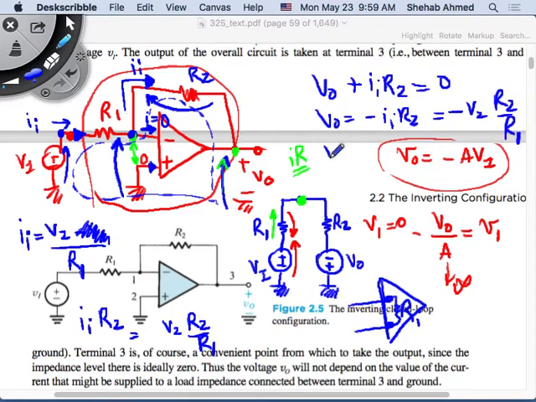So my voltage gain, the output over, it's not V2, why did I say V2? It's VI, sorry. I kept writing V2. It's VI, right? So output over VI is equal to minus R2 over R1.